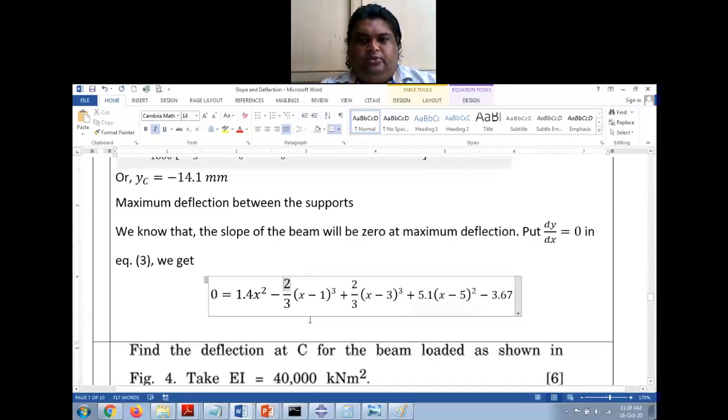So a minus 1 whole cube plus 2 divided by 3 into a minus. Sir, x is equal to 1.89 and x is equal to 4.25. How did you get two values there?